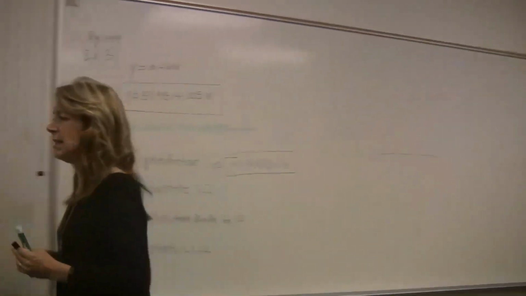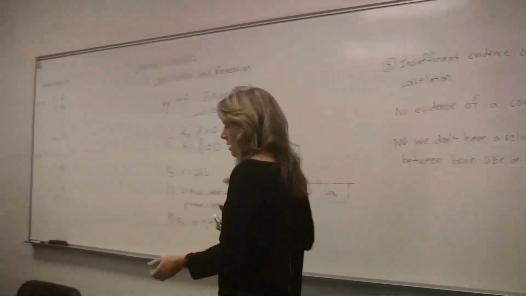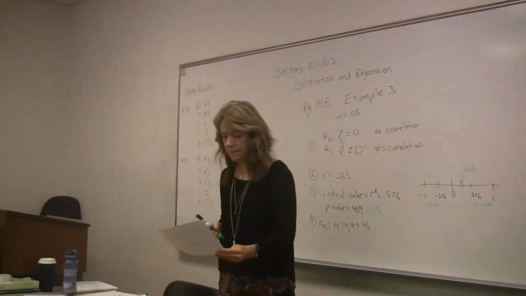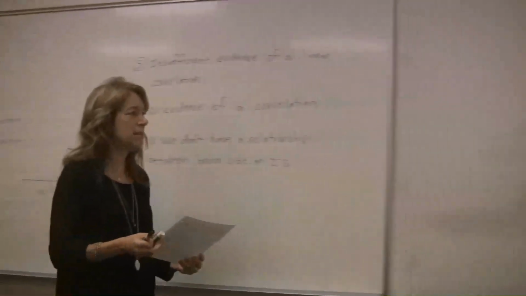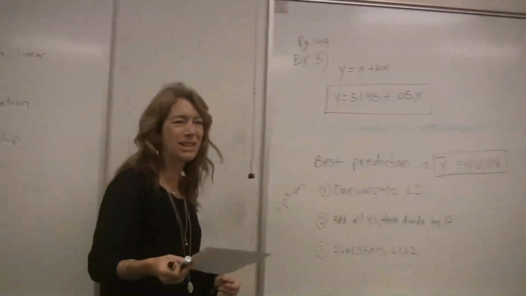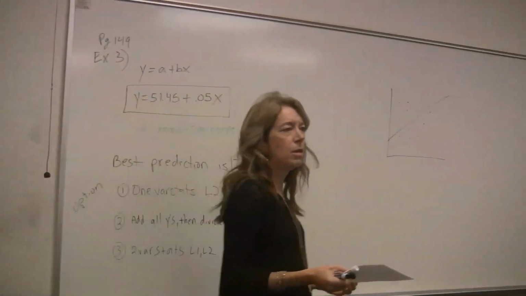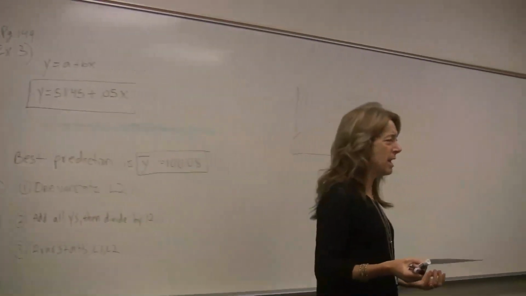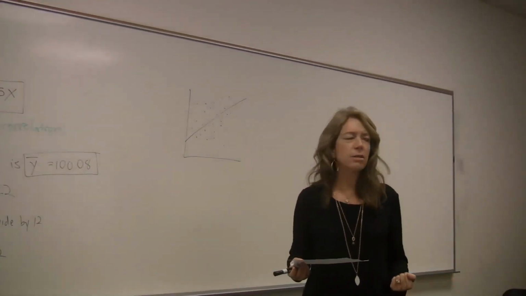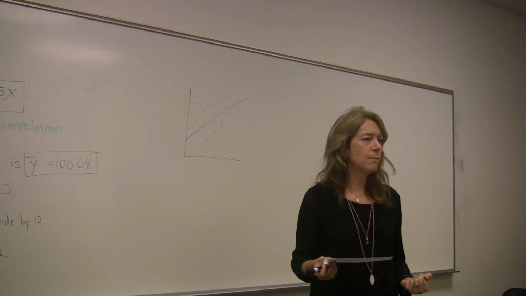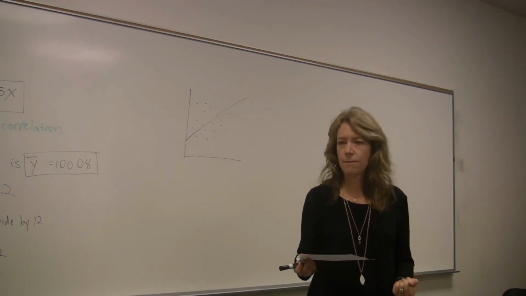So the question was, find the best predicted IQ score for this person whose brain is 1,020 cubic centimeters. I didn't even use that 1,020 at all. Why not? Because there's no correlation.